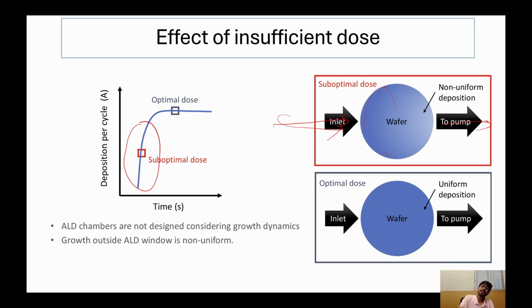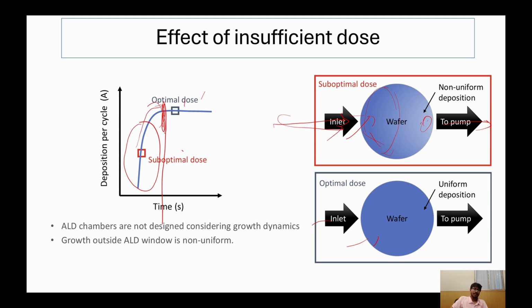Near the inlet sufficient precursor is there, but by the time it reaches the outlet side, the precursor is not there at all, because it has already reacted at the wafer. So you need to increase the dose time until you get a uniform deposition. And this is the optimal dose. After this point, whatever dose you give, it will cover the whole wafer.